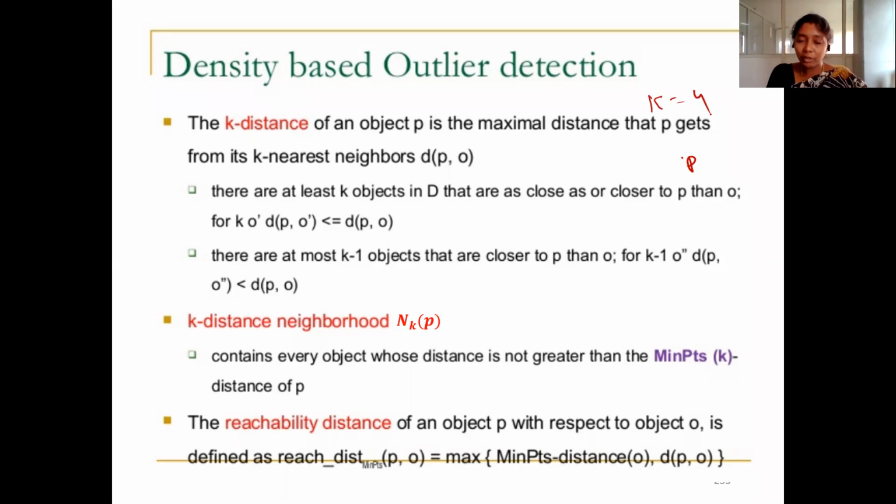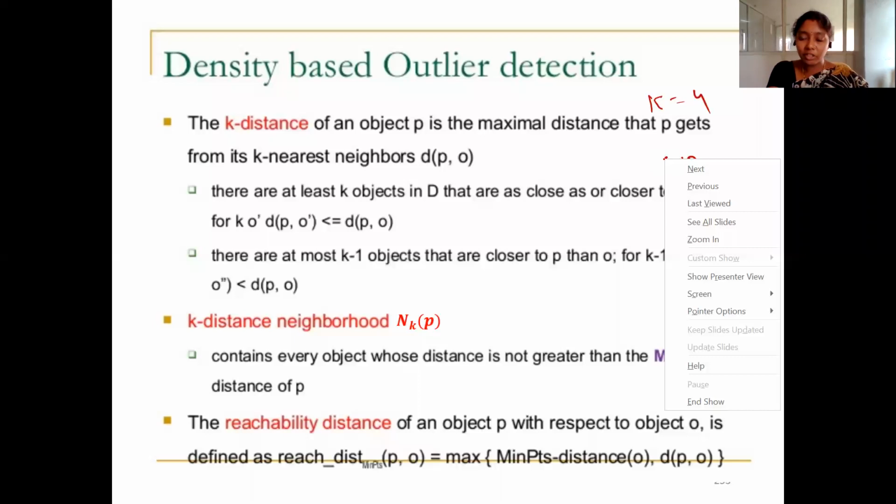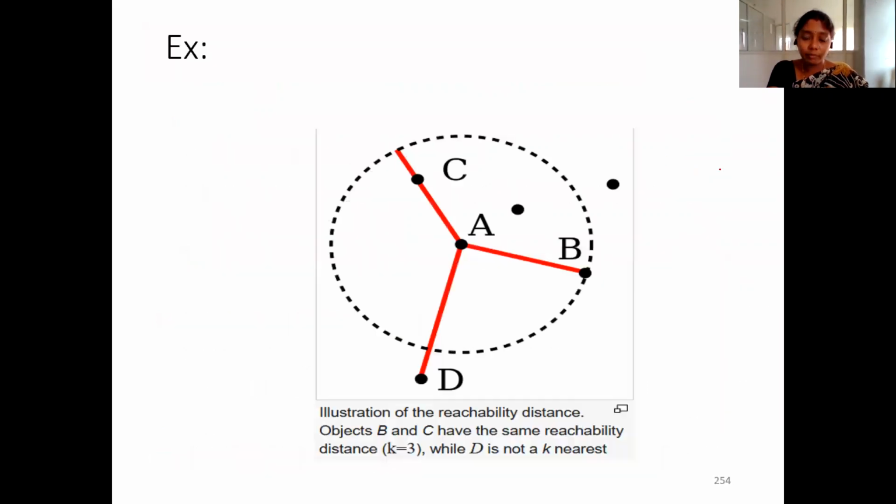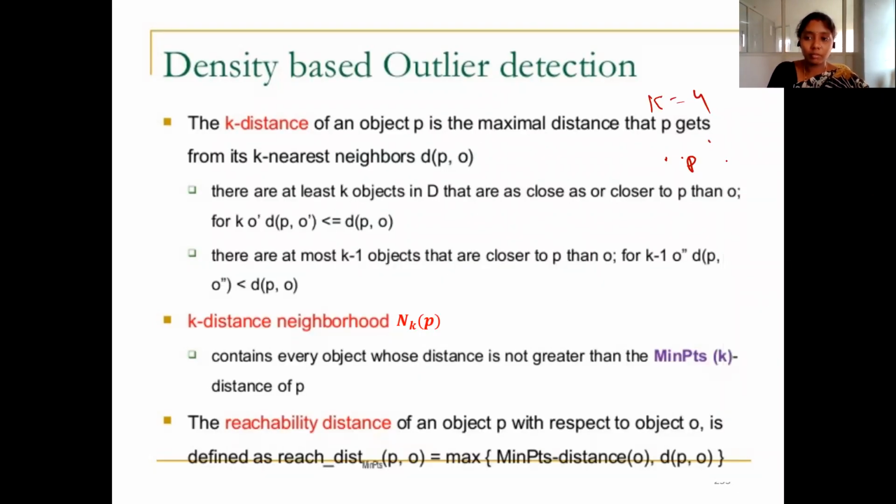Here is the first nearest neighbor, this is the second nearest neighbor, this is the third nearest neighbor, and this is the fourth nearest neighbor. Then 1, 2, 3, 4, and why did I mention this?